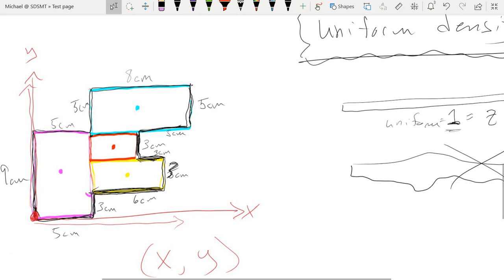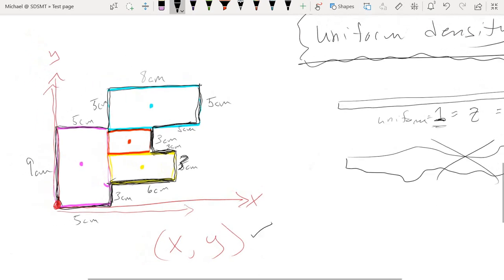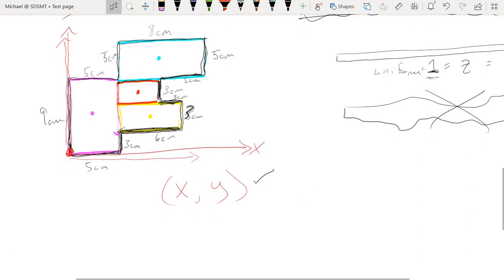You can have more than 4, but you're going to end up with more math as a result. But regardless of the way you segment this system, the center of mass still has to be at the same location, regardless. Well, let's see what we can do.